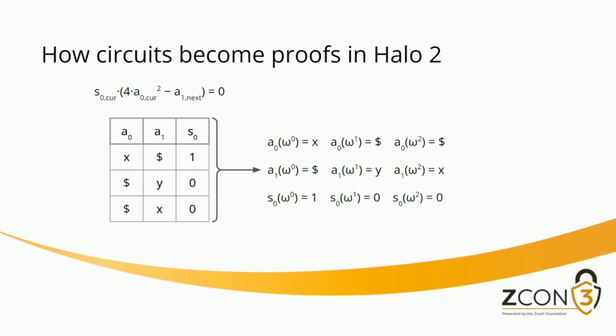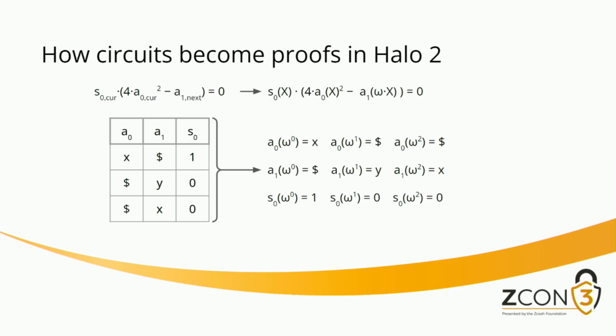So we're generating a system of polynomials that represents the table, but in a form that we can then use in our proof system. We then take each of our constraints and substitute those polynomials in, corresponding to the columns.